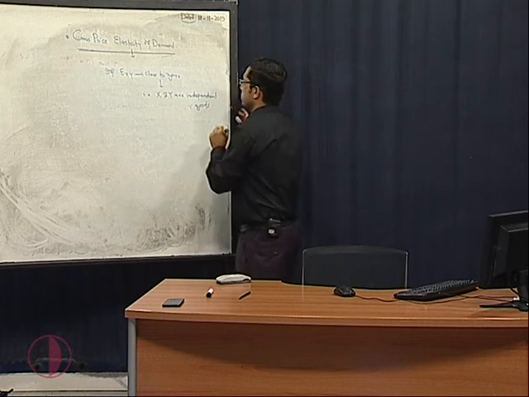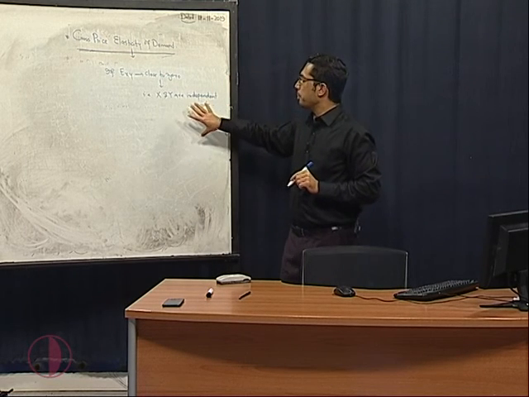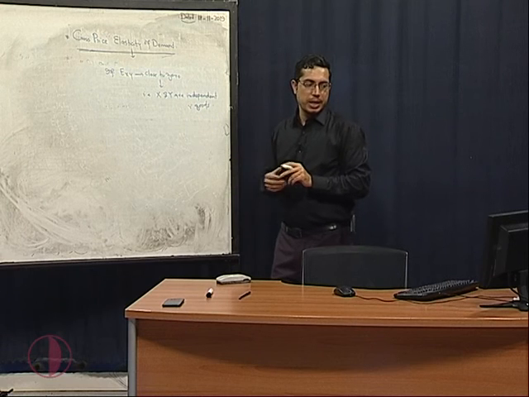If this value is close to 0, it means that both the commodities are independent.